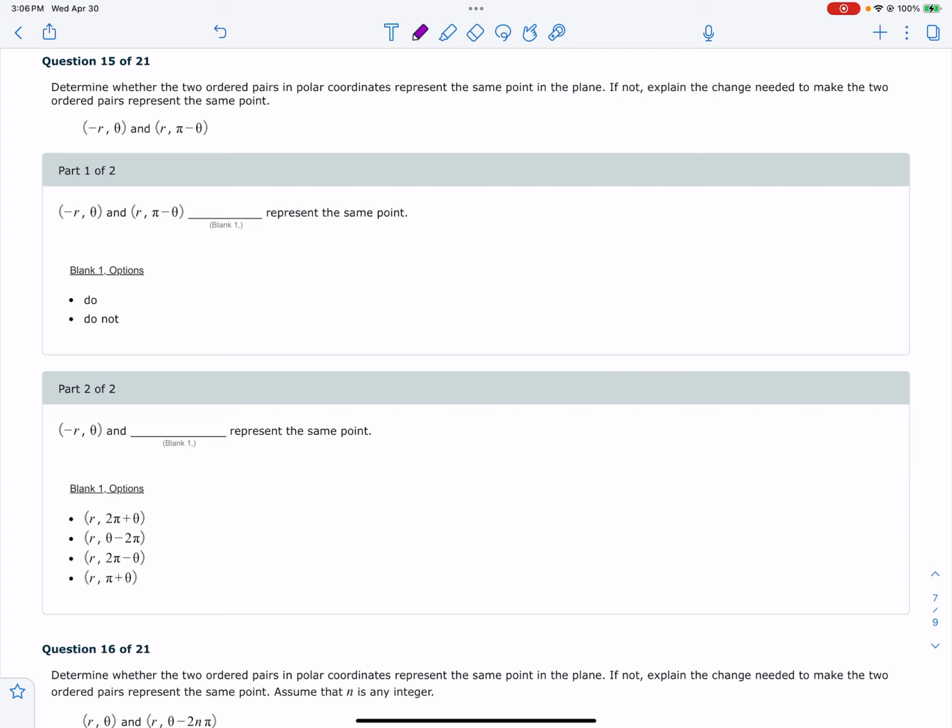Okay, so these are kind of like the ones we were doing before where we had to add a rotation and subtract a rotation. And so what it's asking is, will this and this end up being the same point? And it will not. If they switched this and did theta minus pi, it would be, but not the way it's written.